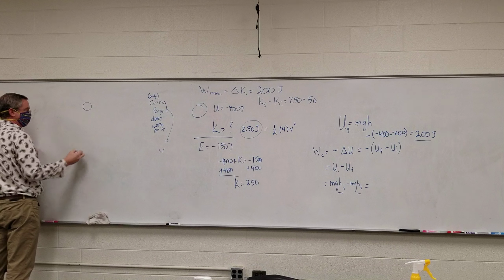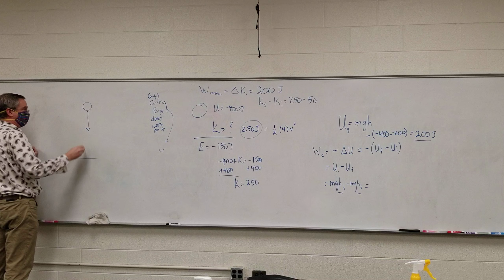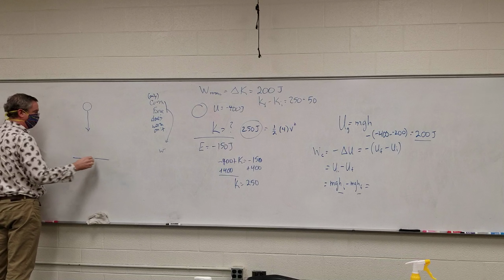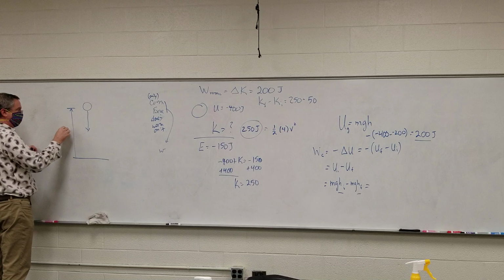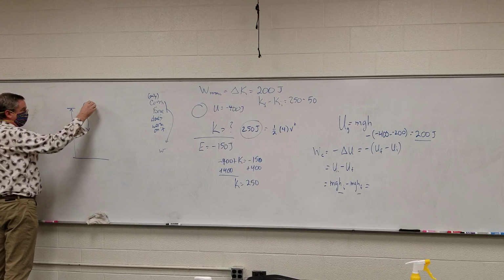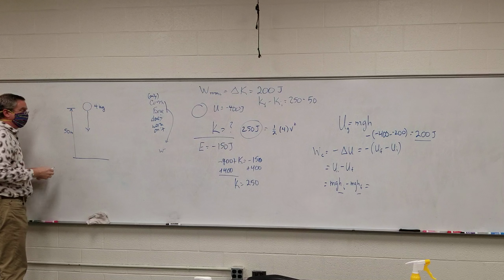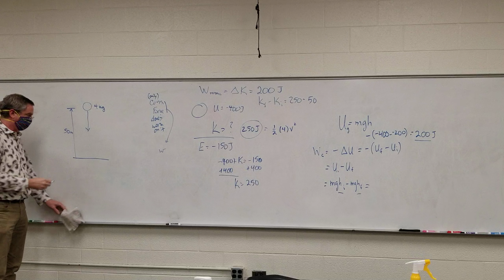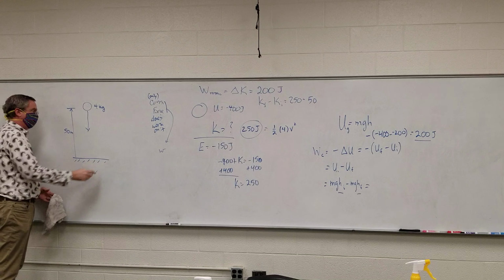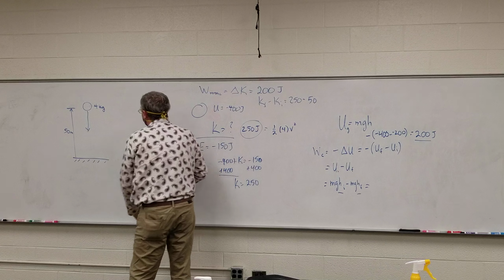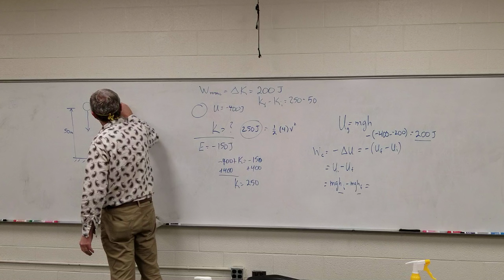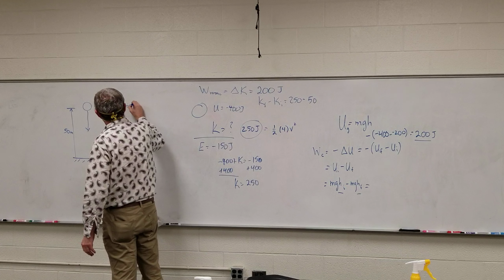All right, so let's just start out with it's falling. Let's start at 50 meters above the ground. Let's give this a mass of, it doesn't matter, but let's give it 4 kilograms. A 4 kilogram object is dropped.